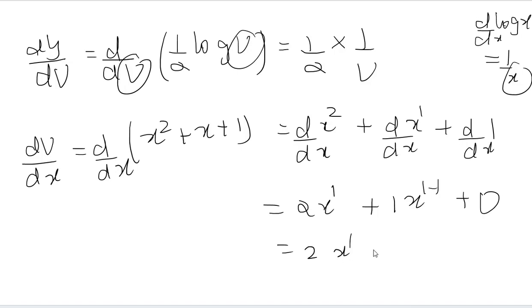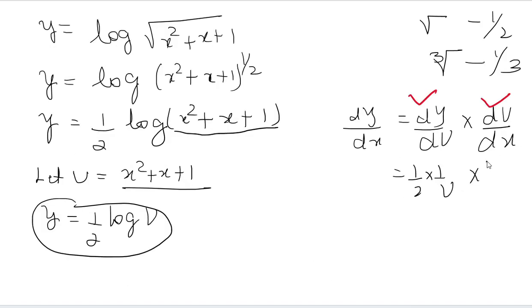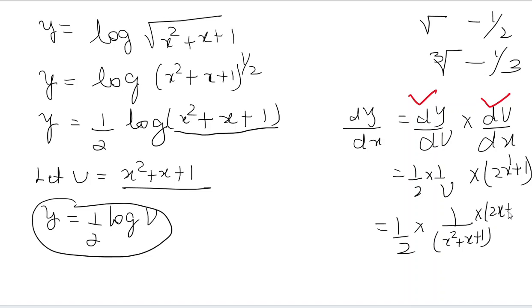So this is 2x plus 1 times x raised to 0, and anything raised to 0 is always 1. So this is 2x plus 1. Now we do the garnishing, that is we replace this u by x square plus x plus 1, and this turns out to be our final answer.